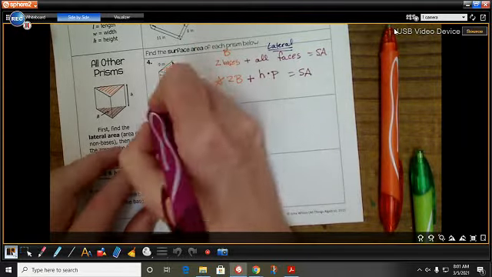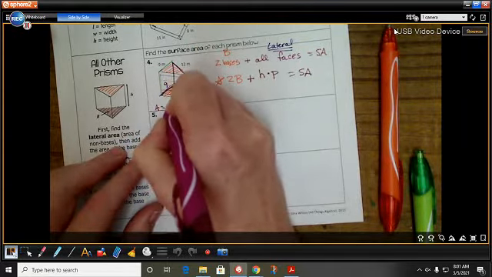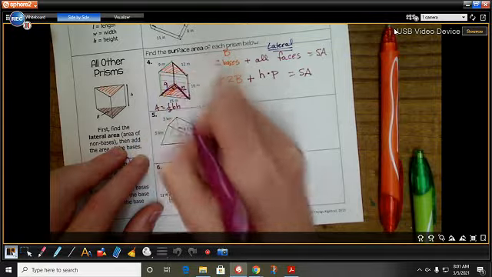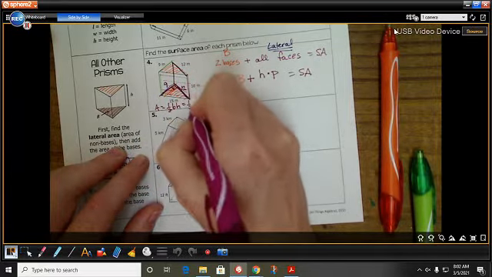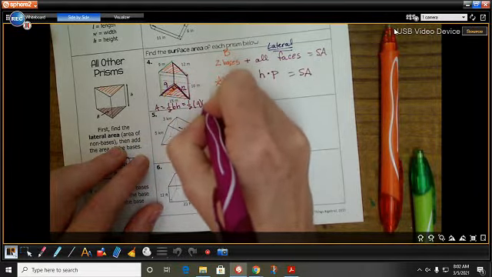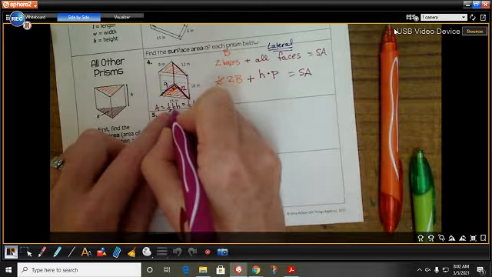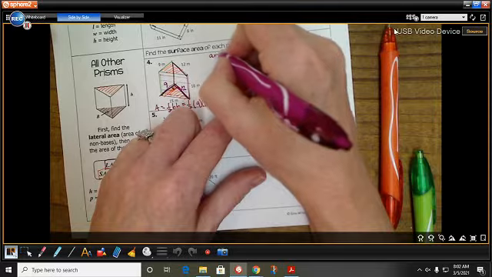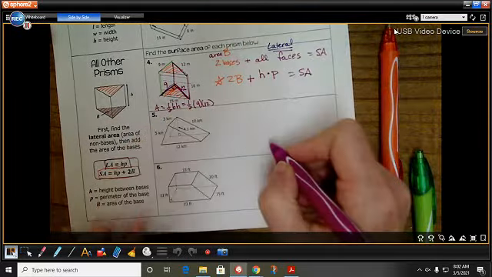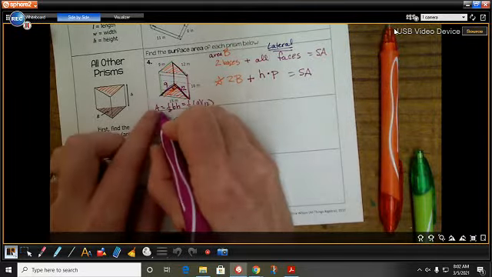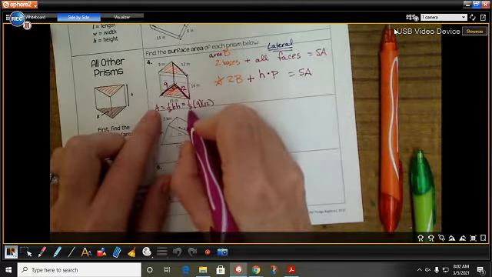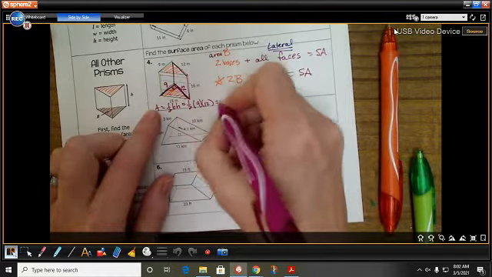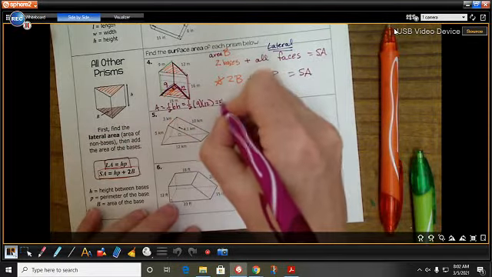So the area of this base is going to be 1/2 base times height, which is 1/2 of 9 times 12. And notice for b, this is a little b because it's just a linear base. When I use a capital B, I'm talking about the area of a base. So my little triangle is going to be 1/2 of 9 times 12, which is going to be 54.